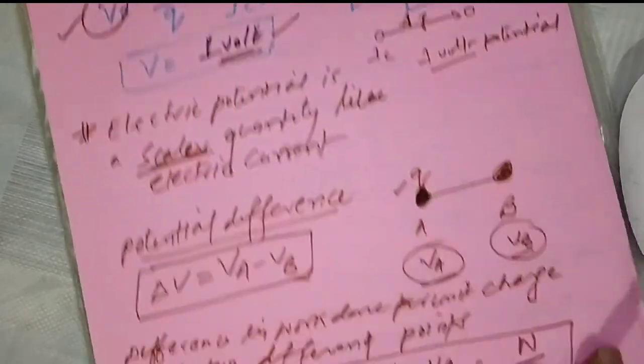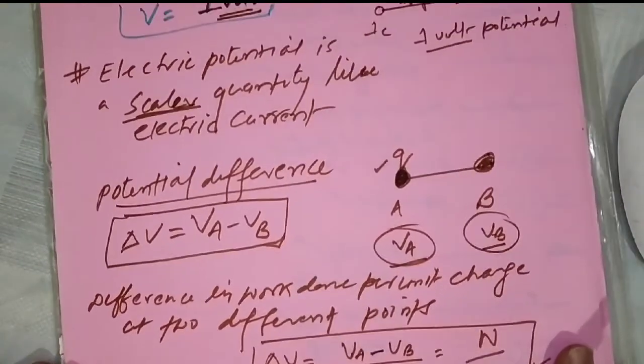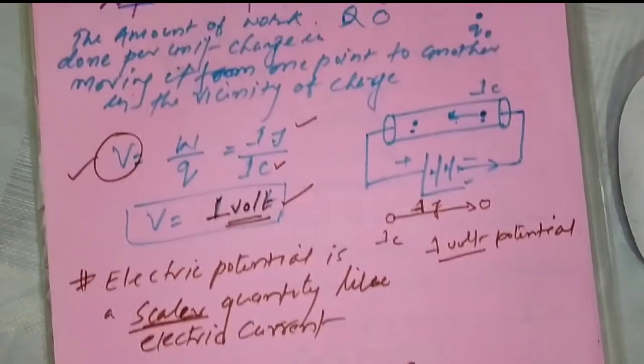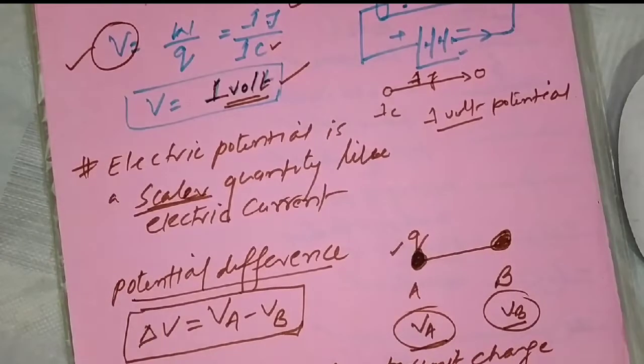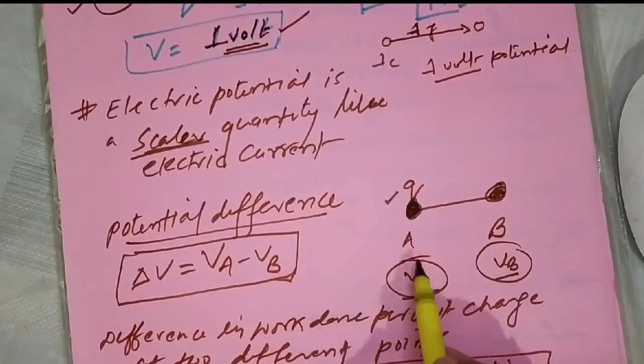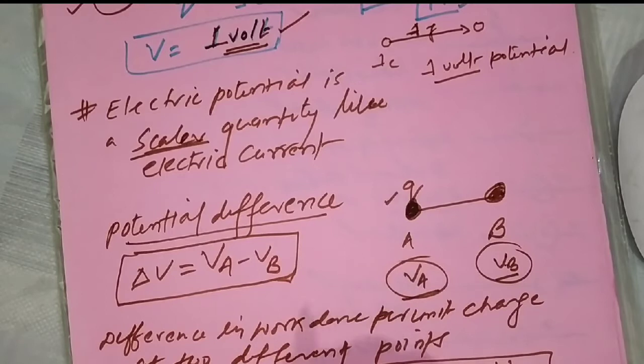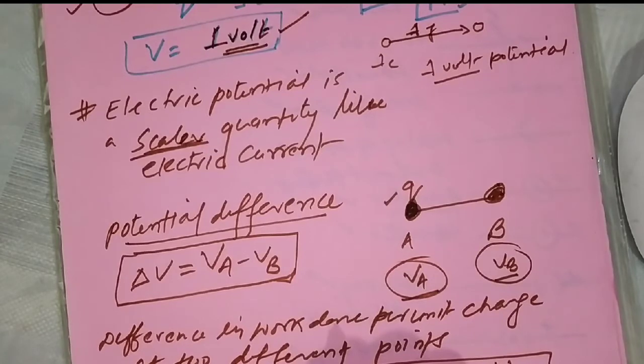So electric potential difference is the difference in the potential at two different points or places, the difference in work done at two different points or places.